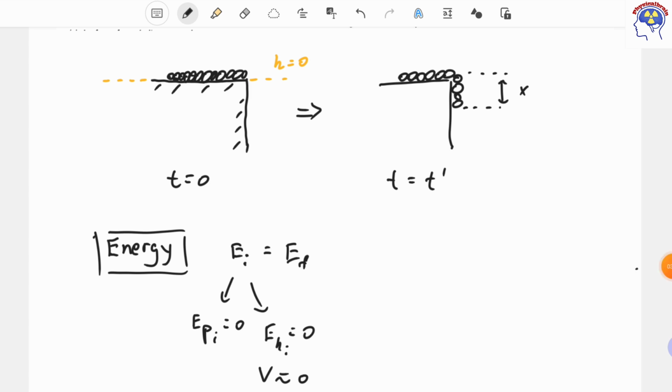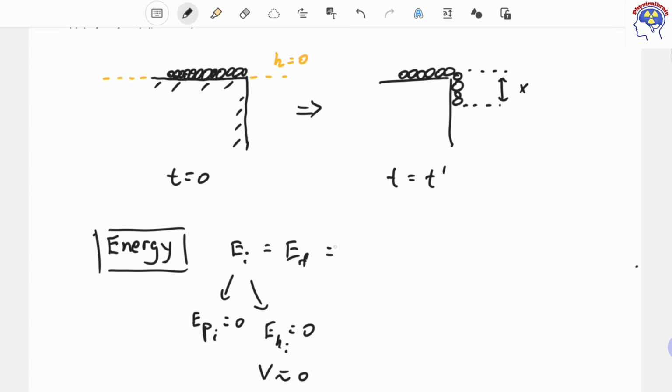Now we can deal only with the right part of the equation and say that the final energy equals half m v to the power of 2, where m is the total mass of the chain and v is the v of the center of mass of the chain, minus mx, the part of the chain, let's say the blue part of the chain, which is hanging in the air, times g, times x, the length that the chain went down.